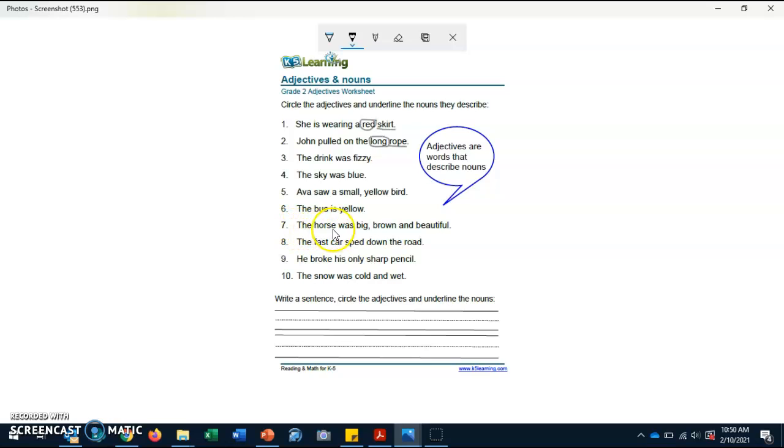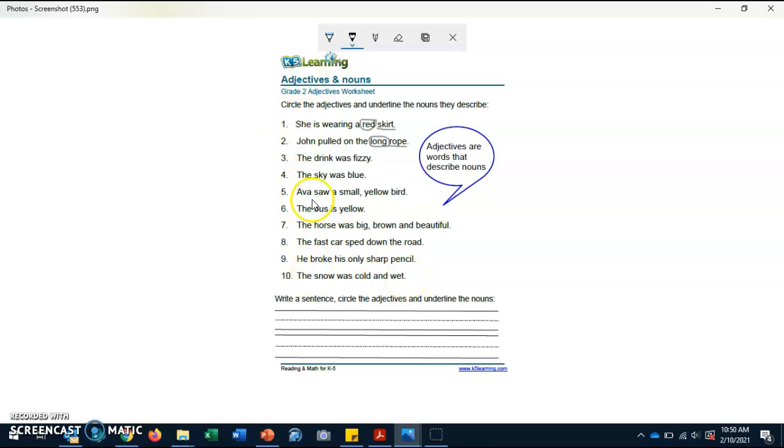Number 7, the horse was big, brown, and beautiful. Number 8, the fast car sped down the road. Number 9, he broke his only sharp pencil. And number 10, the snow was cold and wet.